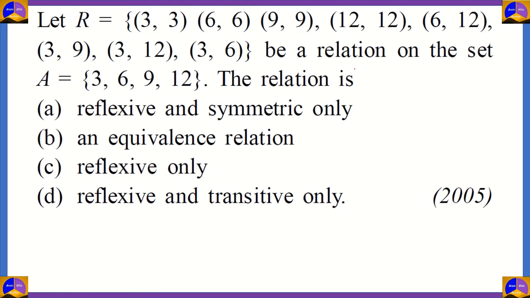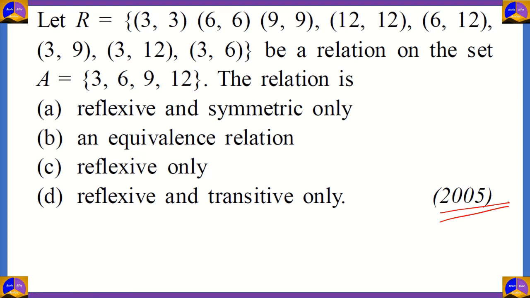You need to find out whether the relation is reflexive and symmetric only, an equivalence relation, reflexive only, or reflexive and transitive only. So you need to check whether this is reflexive, symmetric, or transitive, and accordingly choose one of the 4 options. The question was asked in 2005, and it uses the 3 properties of relations.